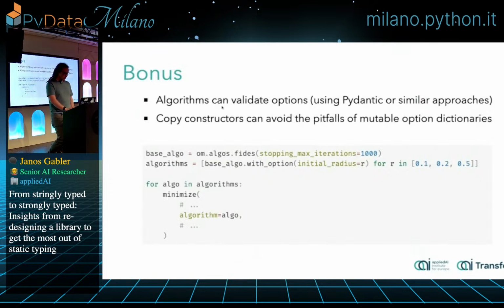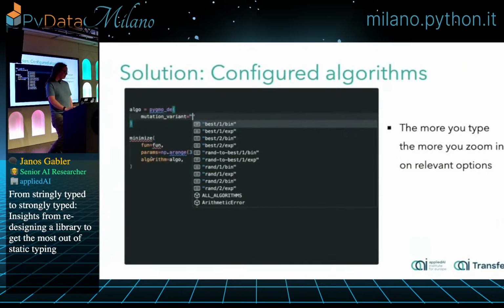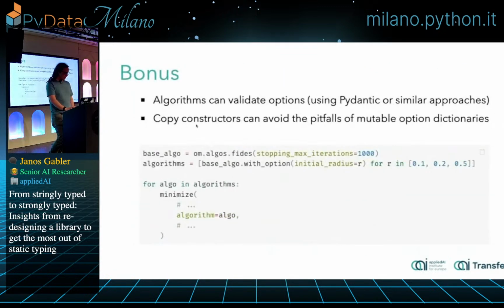There's an extra bonus. First of all, the algorithms can now validate the options before the optimization runs. So if you still make a mistake, you can get the error very early. And also, you can add a few extra things to these algorithm classes, like copy constructors that make it possible to construct modified copies out of a base algorithm that you might specify.